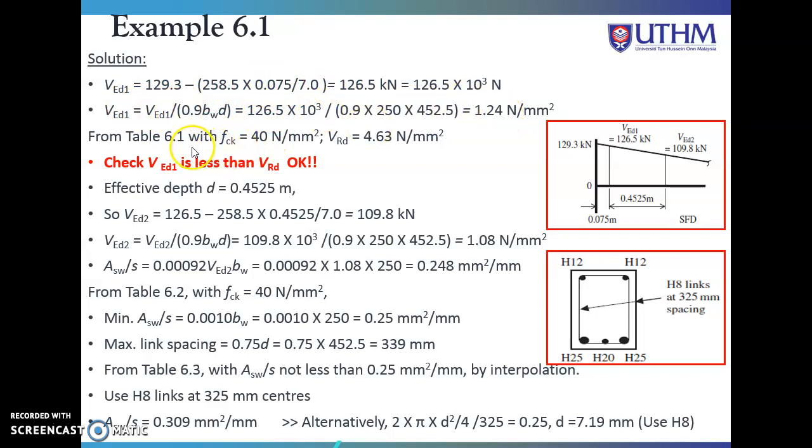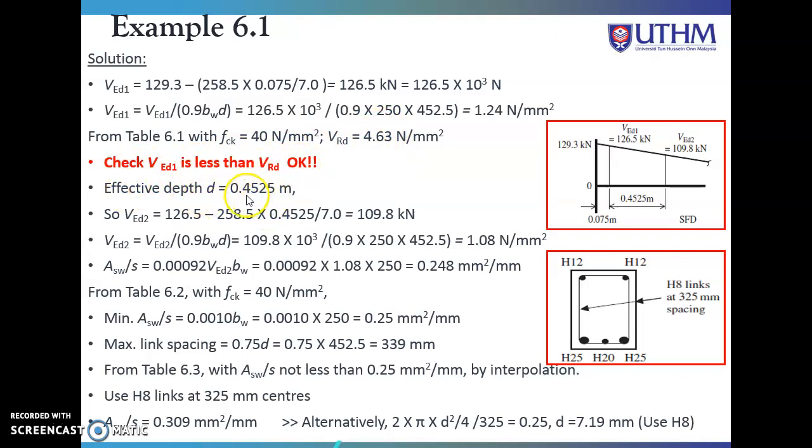Okay, daripada table, table 6.1 FCK adalah 40. So VRD dia adalah 4.63. So kita nak tadi VED ni stress, shear stress ni mesti lebih kecil daripada capacity value 4.63. So kita check less than, so it's okay.